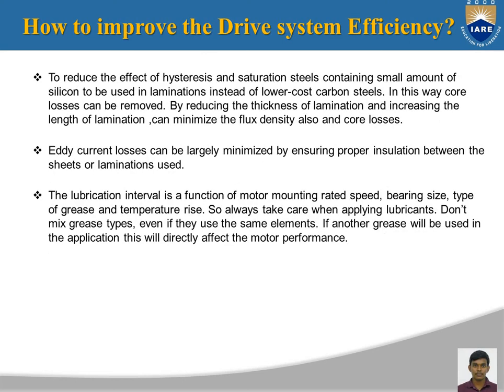To reduce the effects of hysteresis and saturation, steel containing a small amount of silicon should be used in lamination instead of low-cost carbon steel. In this way, core losses can be reduced by reducing the thickness of the lamination and increasing the length of the lamination, which can minimize the flux density and core loss.